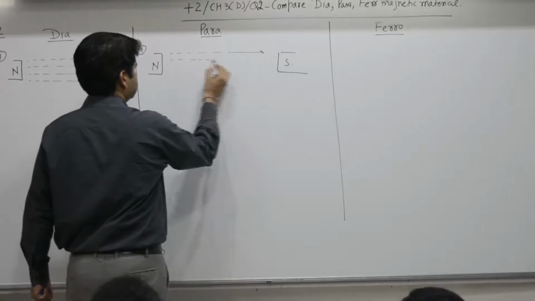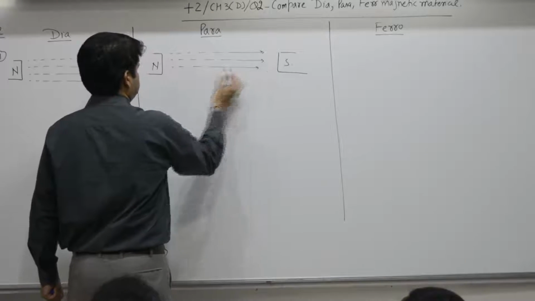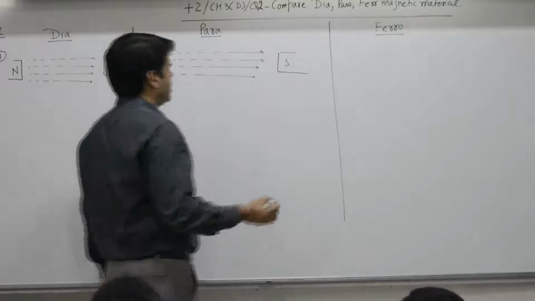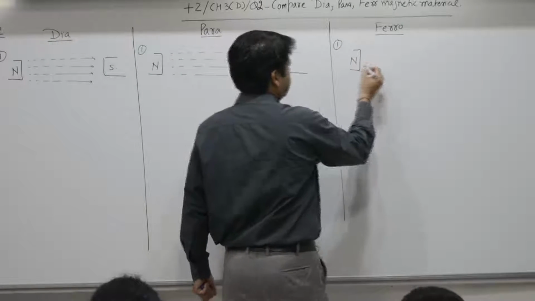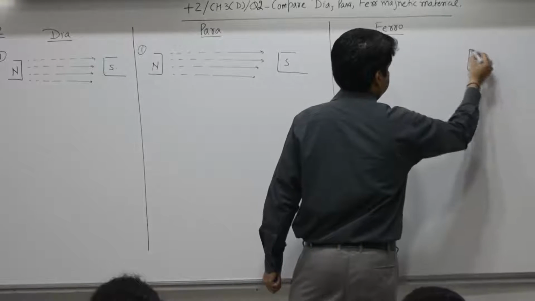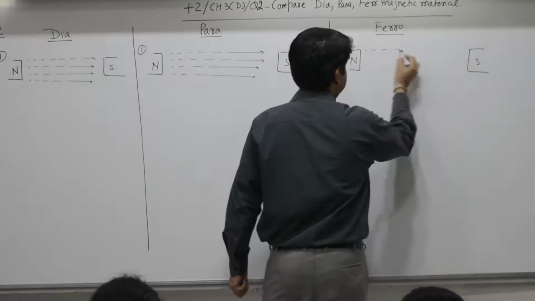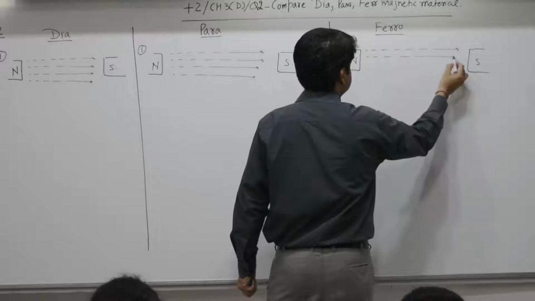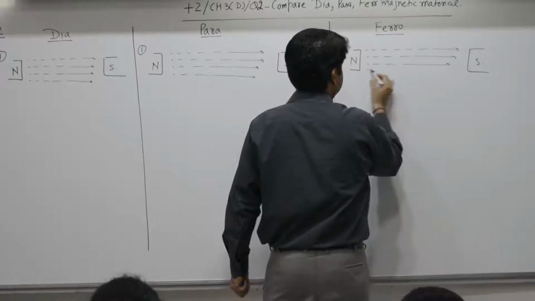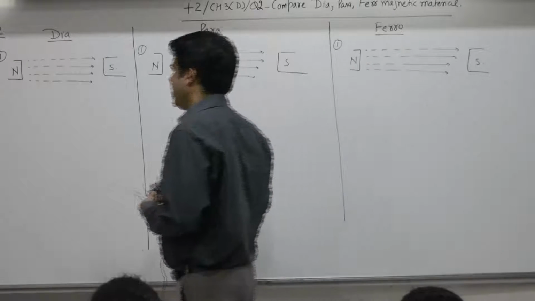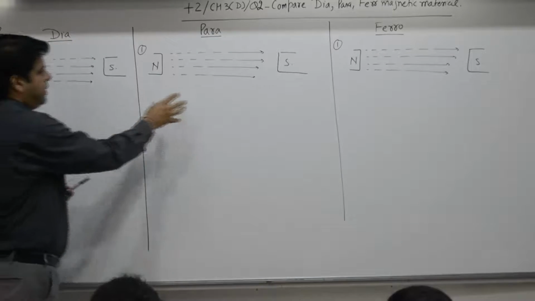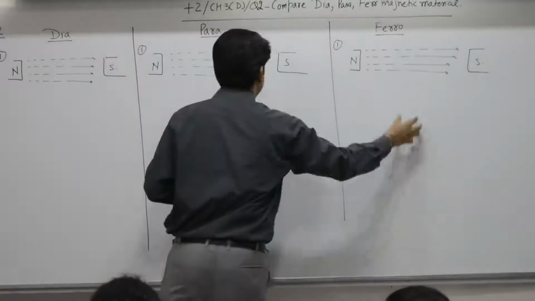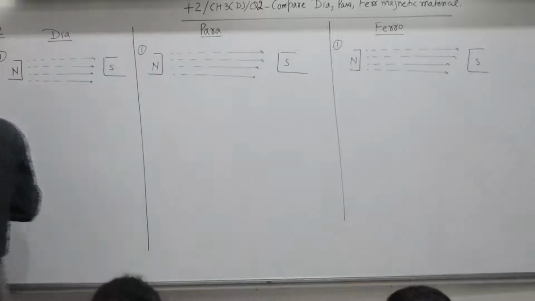No material is placed. Then, in case you place a material, what happens? Now we will place three materials: a dia material here, para at this point, and ferro at this point. Let's see what happens to the field.